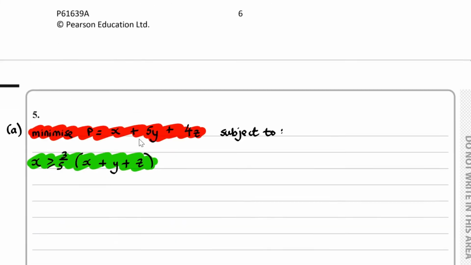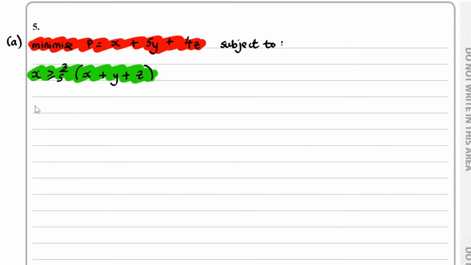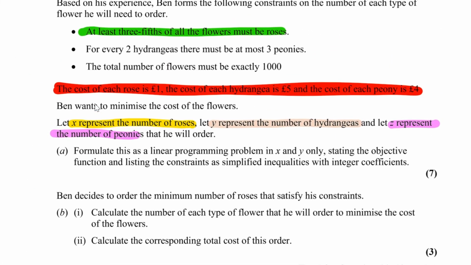So this tells us that 3Y is greater or equal to 2Z. So let's just shade this in this colour. So that corresponds to this, and the total number must be exactly 1000.